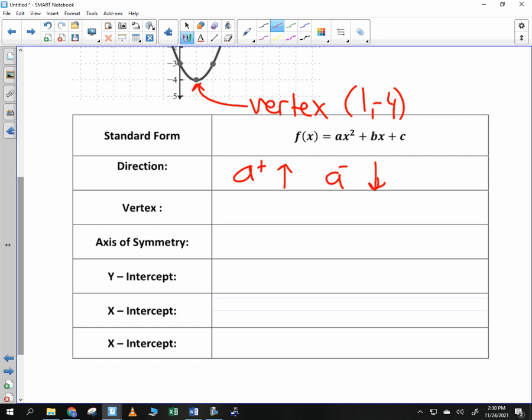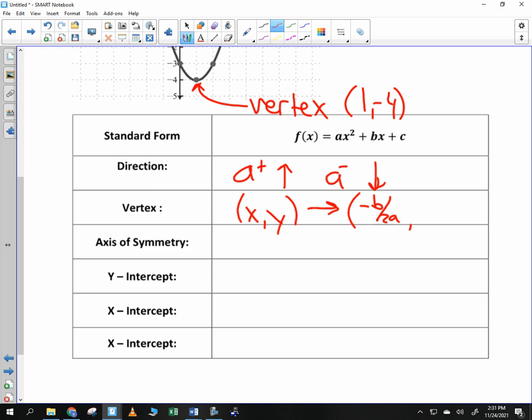Does anybody remember the equation to find the vertex? The xy coordinate, we determine that by doing -b divided by 2a.